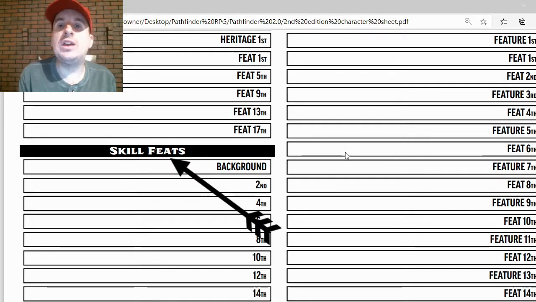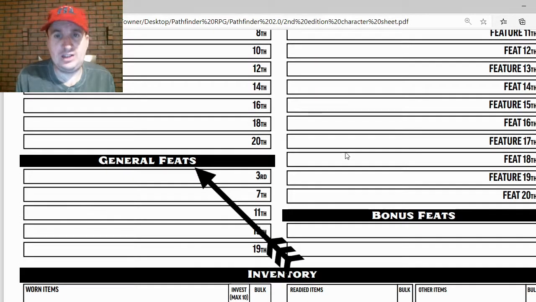I'll cover more on these when I get to my skill feats video. General feats are feats that any character can take as long as they meet the prerequisites. Examples include Fleet, which makes your character faster, and Untrained Improvisation, which makes your character better at his untrained skills.